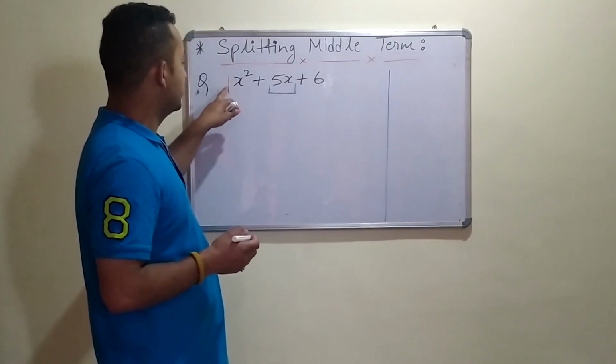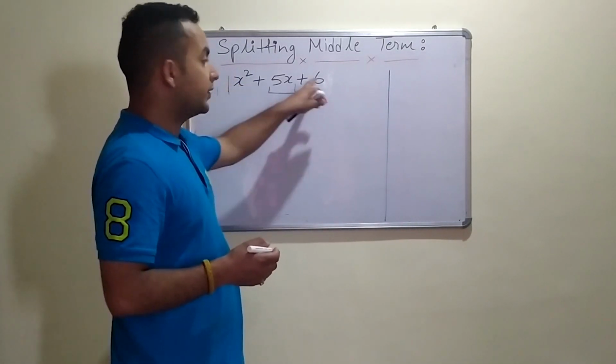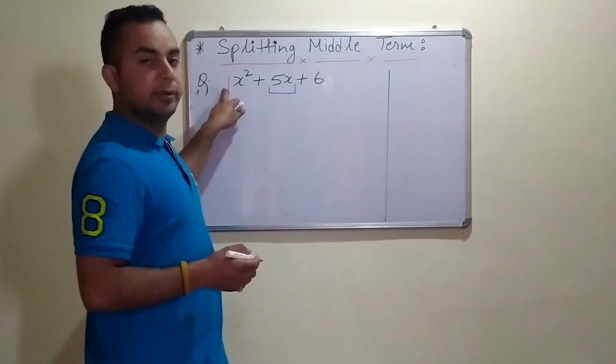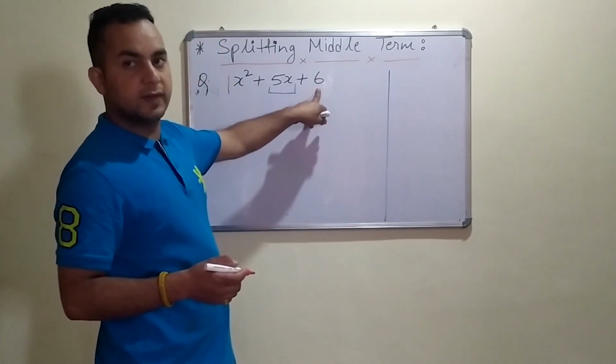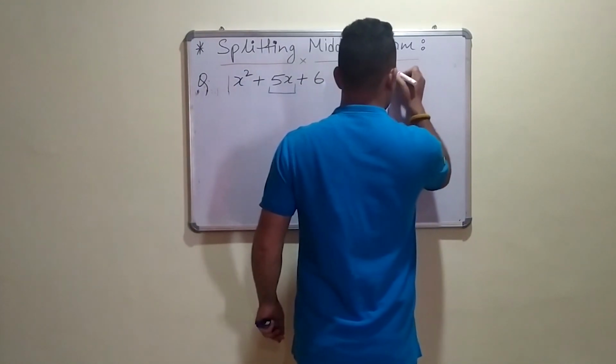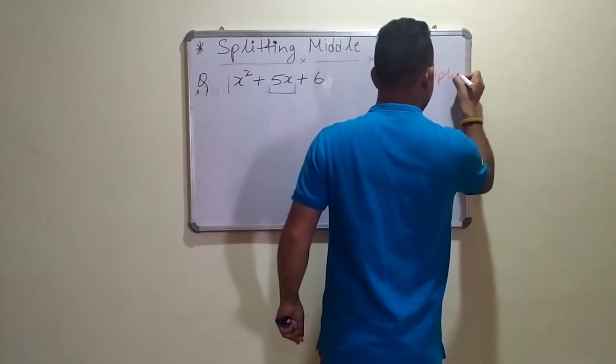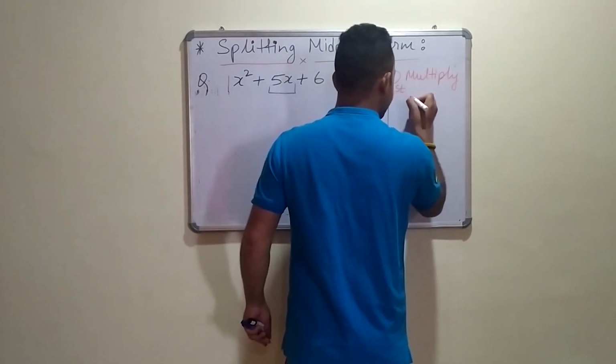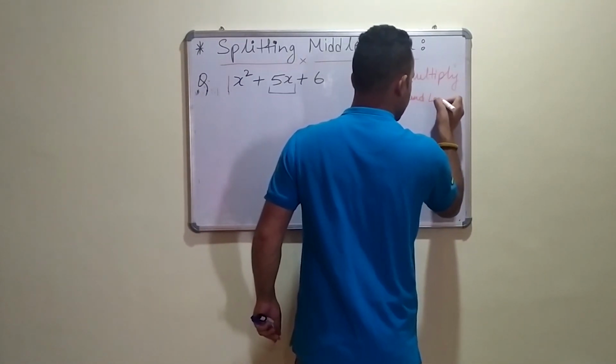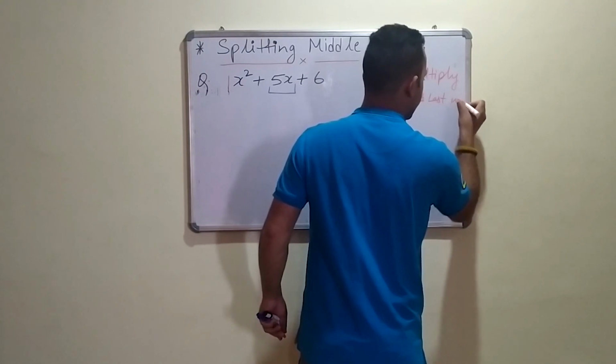Now we are going to multiply the first and the last number. So your first number is 1 and the constant number is 6. So first step, you are going to multiply the first and last number.